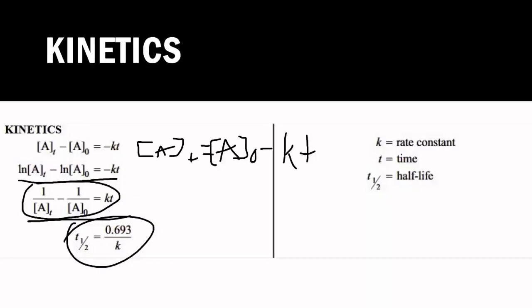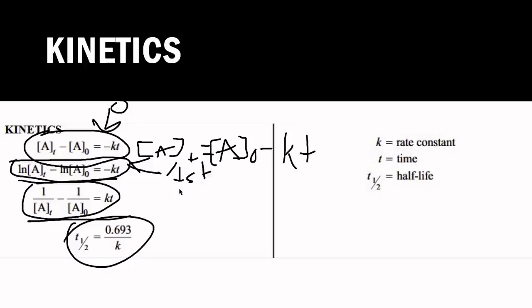Really sorry. So these three equations right here are actually for the orders. This works if your equation is zero order. This is first order, and this is second order.